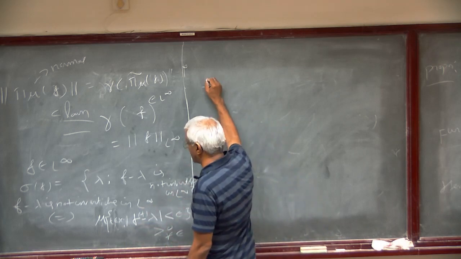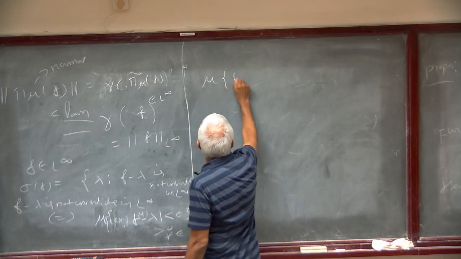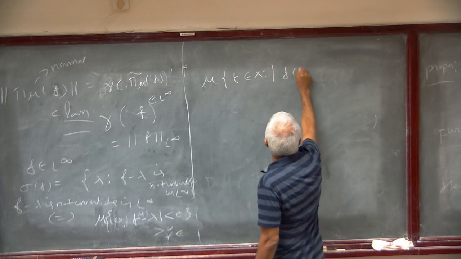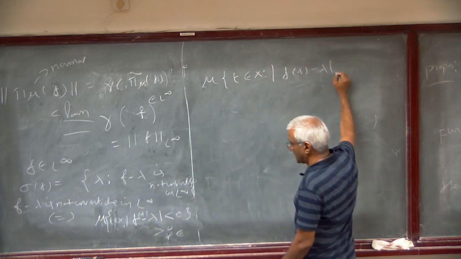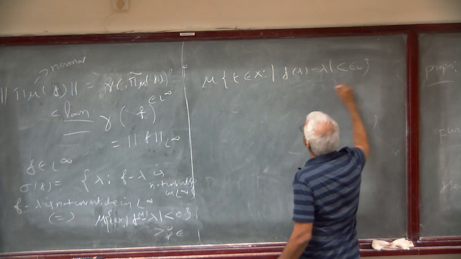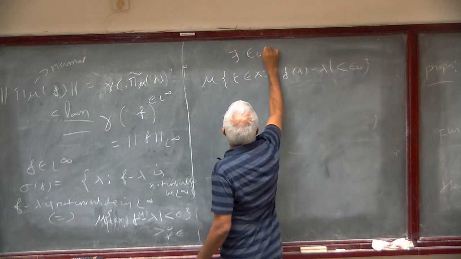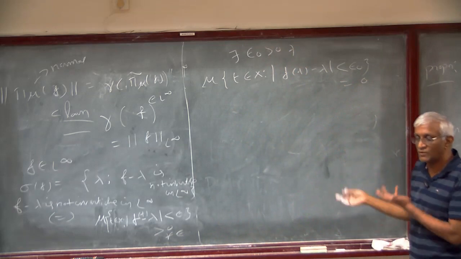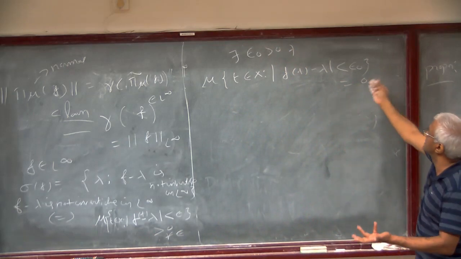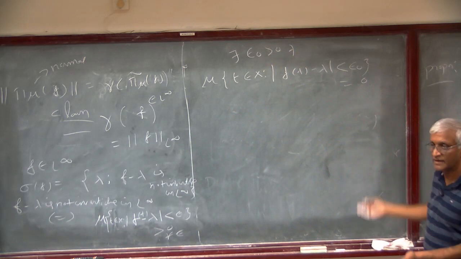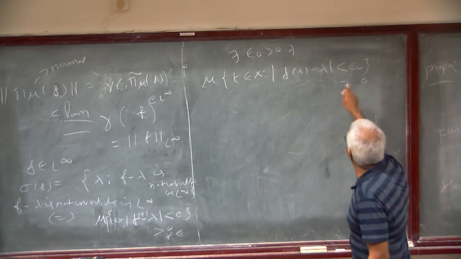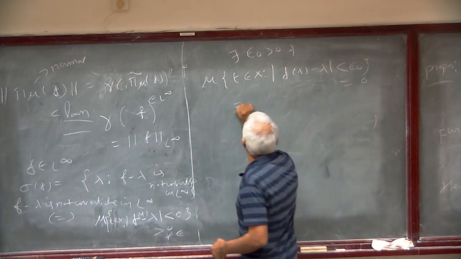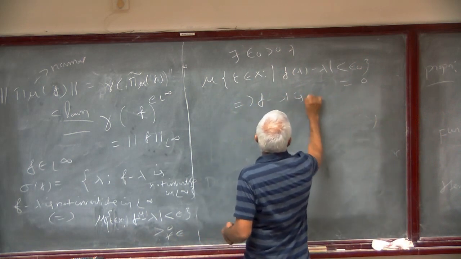Suppose mu of the set of t in X such that F of t minus lambda is less than epsilon naught is equal to 0 for some epsilon naught. Then outside this set you can invert it, because it is strictly greater than epsilon naught. This implies F minus lambda is invertible.